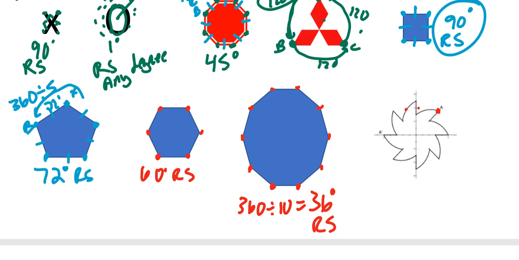We want to look at these key points. 1, 2, 3, 4, 5, 6, 7, 8 of those. So again, we would do 360 divided by 8, 45 degrees. So it would be 45 degrees to go from here to the next one. So 45-degree rotational symmetry. All right.